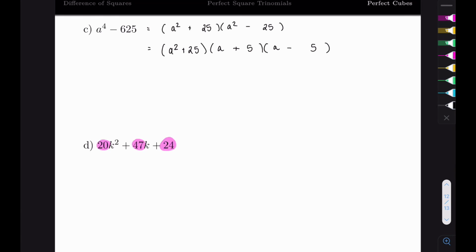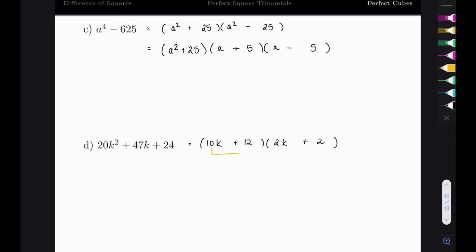So this is an indication I just need to try my guess and check method. Let's plug in some options and see if it works. To get to 20k squared, I could do 10k and 2k. That definitely makes my first term work out. To get to 24, we could do 12 and 2.